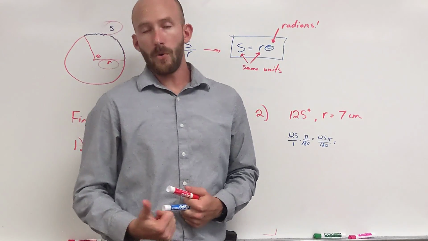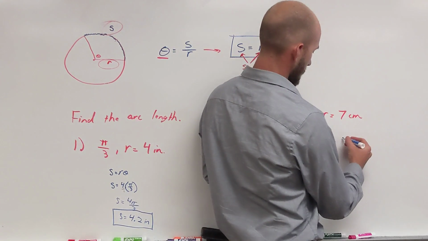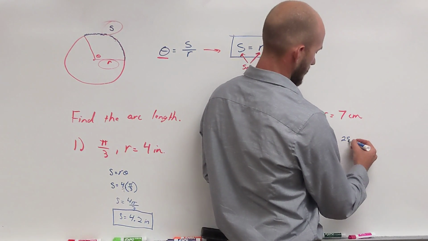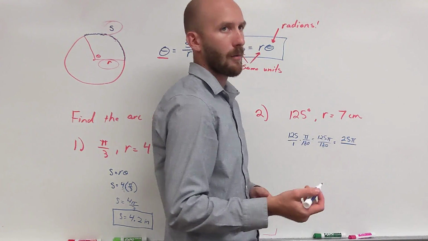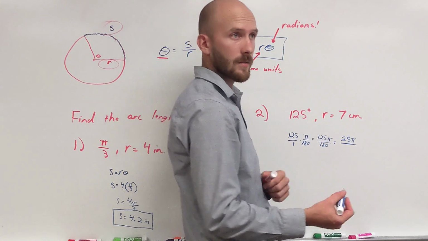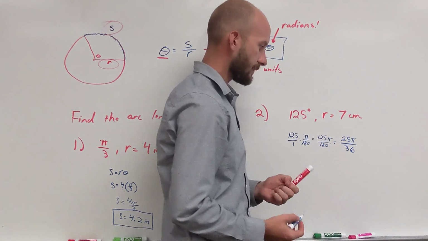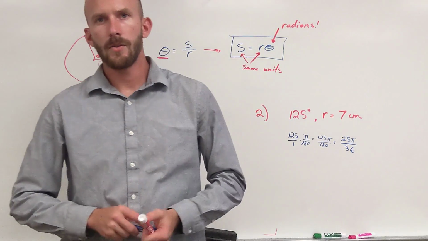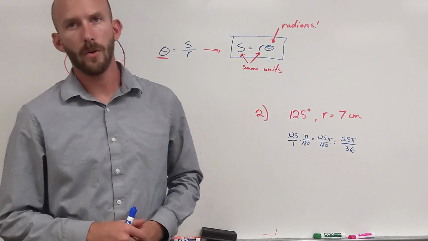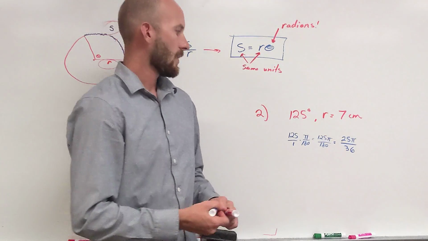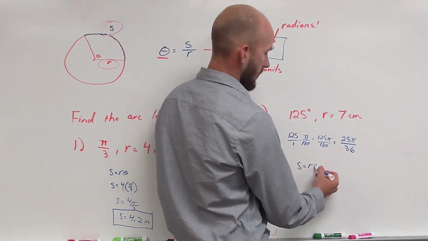I know those are both divisible by 5. And then 180 divided by 5, I believe, is 36. So that would be my angle, or theta, in radians. So that is what I need for my formula.